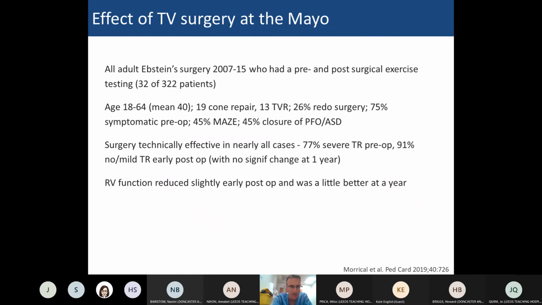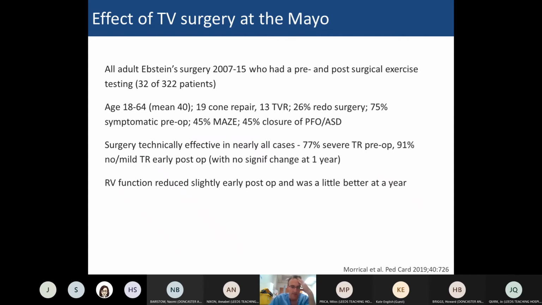In a quarter, that was redo surgery, and they found that 75% of their patients were symptomatic from their Epstein's prior to the surgery. About half of them had a Maze procedure, so atrial arrhythmia surgery, and 45% of them had closure of an intra-atrial communication.